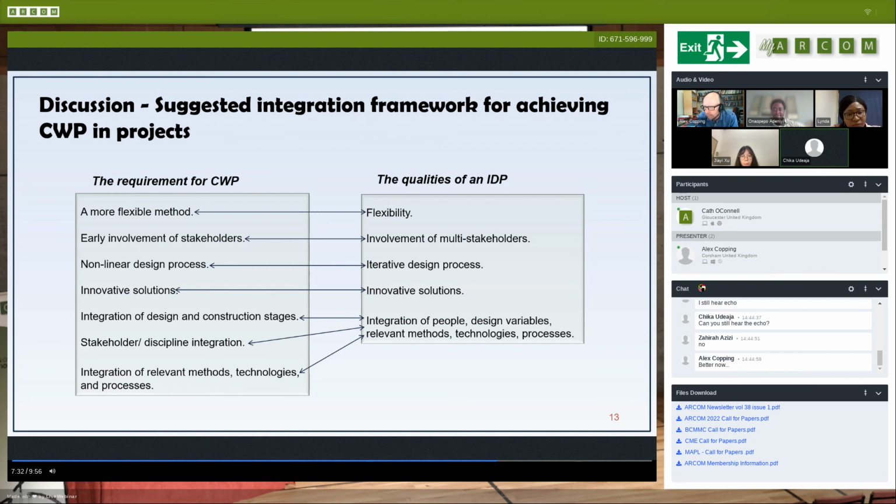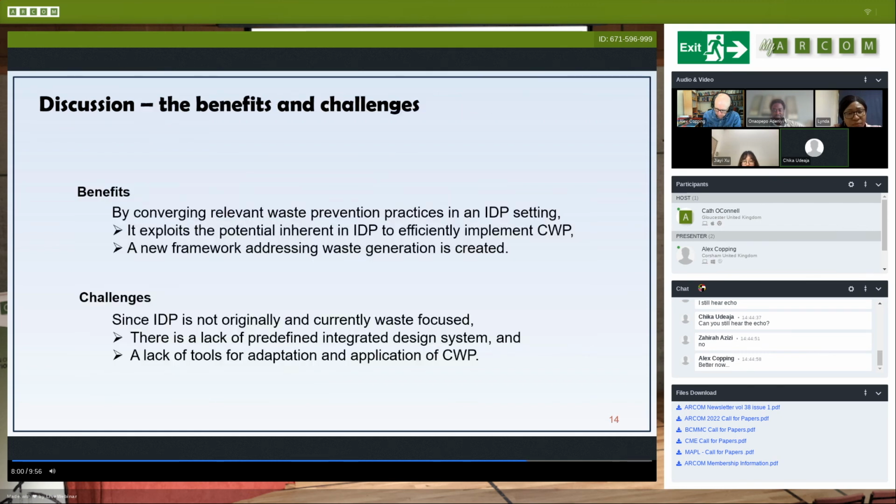Here, the slide shows some of the requirements for efficient implementation of CWP and their association with some of the IDP features. CWP required a flexible method, stakeholder involvement and integration, iterative process, and so on. And all that can be found in the characteristics of an IDP. The benefits of bringing CWP practice into an IDP setting are to exploit the potential inherent in IDP to efficiently implement CWP practices.